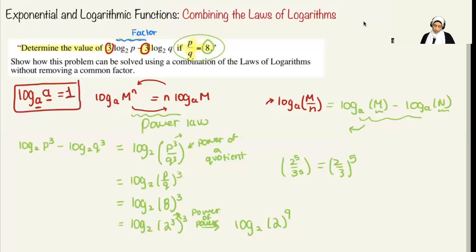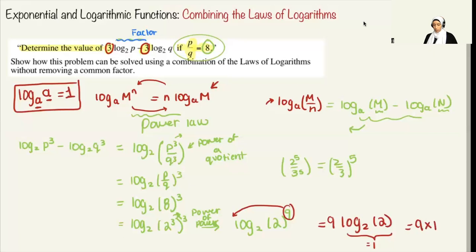I could bring this 9 down here using the power law, and then that's going to equal 9 log base 2 of 2, and you can see where I was going with this. So now I've created this scenario where it's log base A of A, and so that is equal to 1, and so I have 9 multiplied by 1, okay? And so our final answer is just going to be 9.